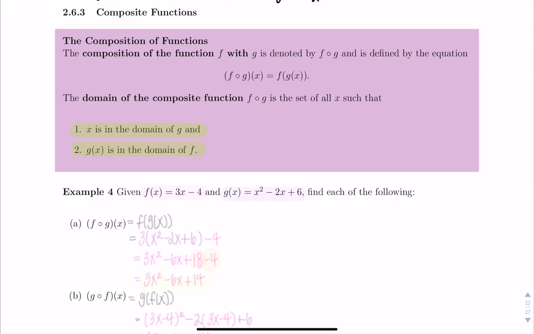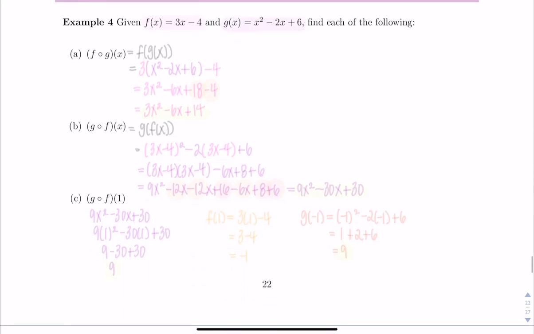So let's go ahead and use the function f of x equals 3x minus 4 and g of x equals x squared minus 2x plus 6 and find f of g of x and g of f of x and g of f of 1. So I'm going to mark f of x in pink and I'm going to mark g of x in purple.